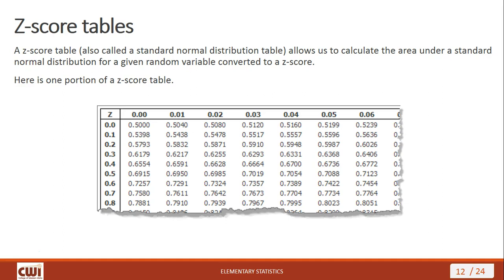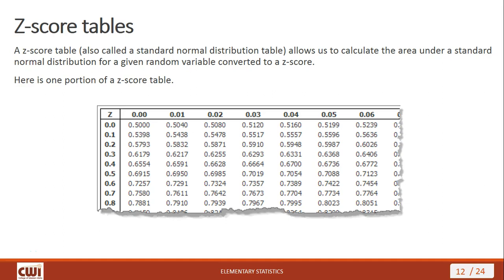What you see on the screen here is a portion of a z-score table. Z-score tables typically exist in two parts. One with z-score values that are negative, so these are values that reside to the left of the mean value, and then what you see here is a portion of the positive half of the z-score table, which is values of z to the right of the mean.